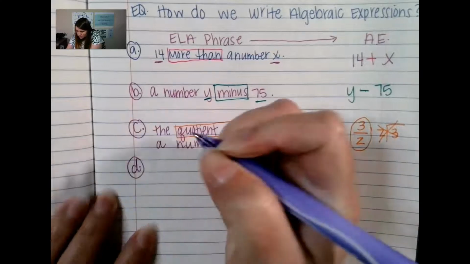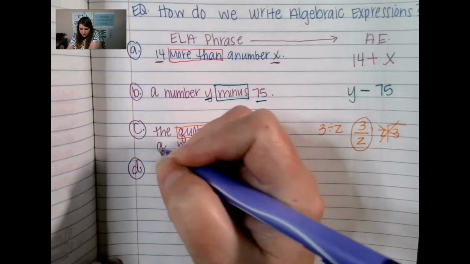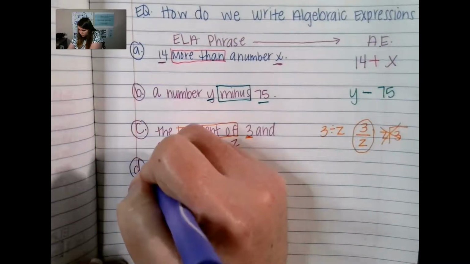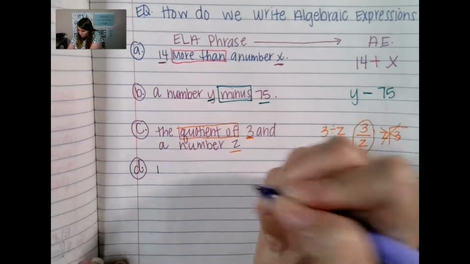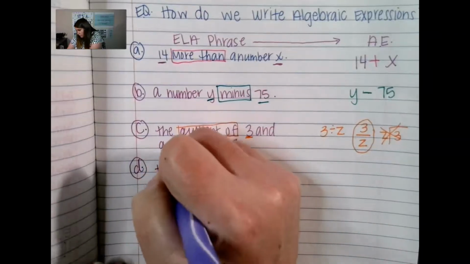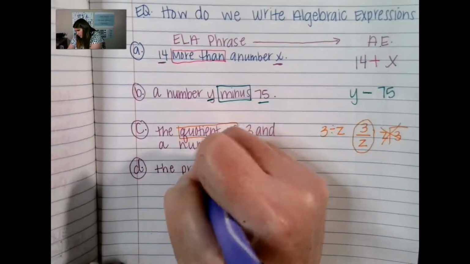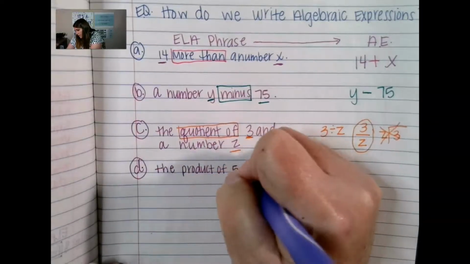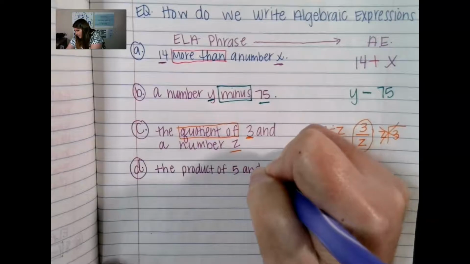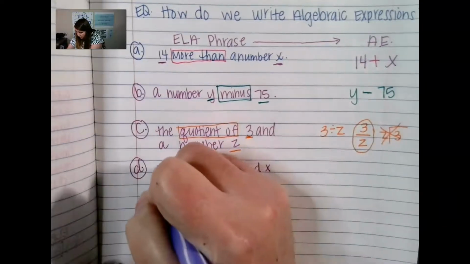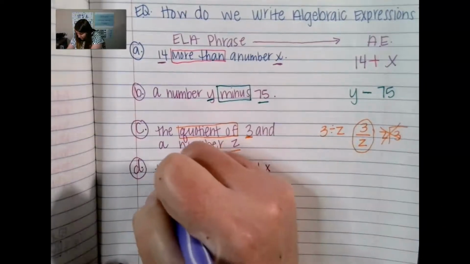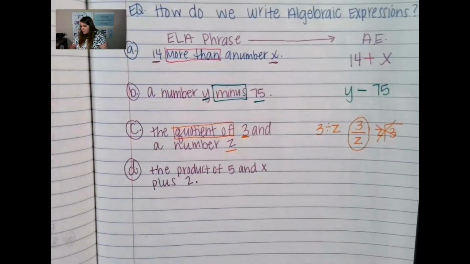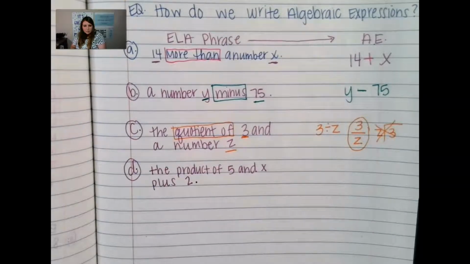Example D. Example D says the product of 5 and x plus 2. The product of 5 and x plus 2.